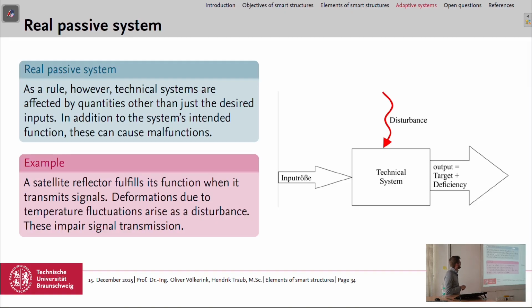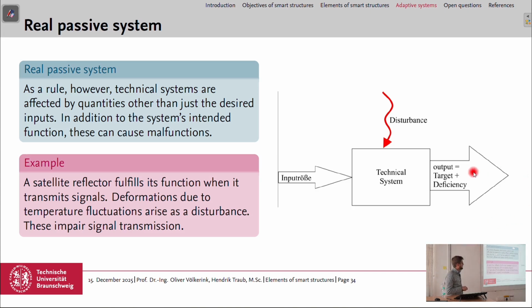What we really have is a real passive system at first hand, where we have this kind of disturbance, and then we won't get our desired output or our target directly, because we have the input into the technical system and also the disturbance, and then our output has a deficiency.